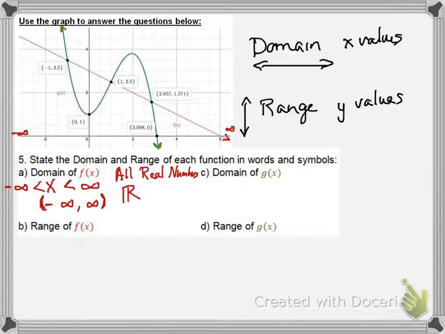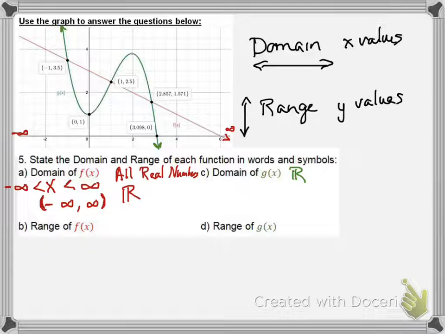This one has the same exact answer. It still has all real numbers. And you don't have to write it all four ways I've shown. But you have to say it goes forever to the left and forever to the right.